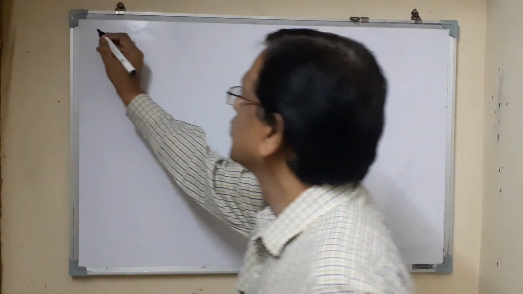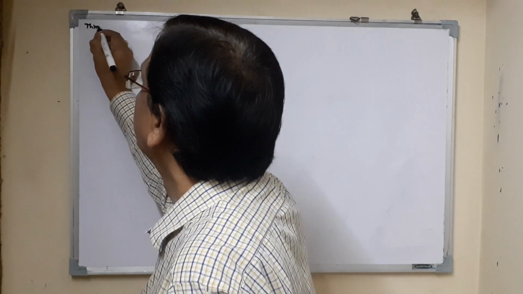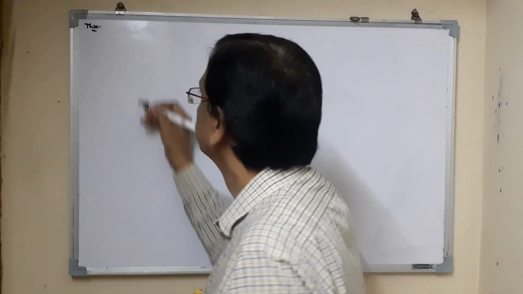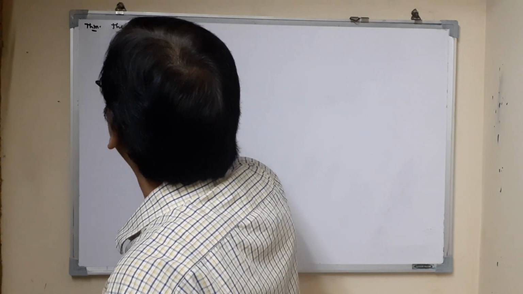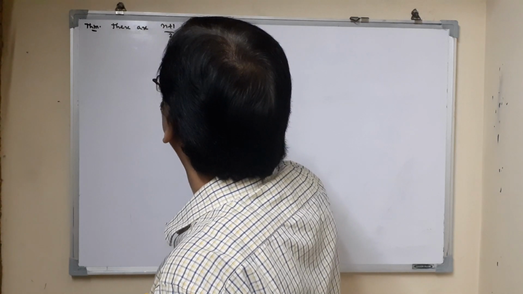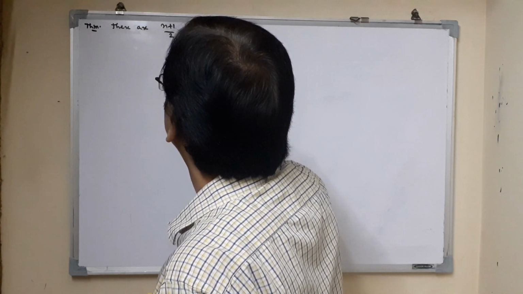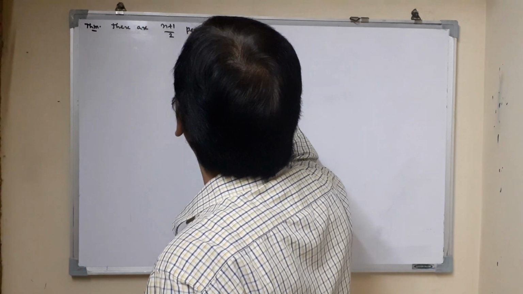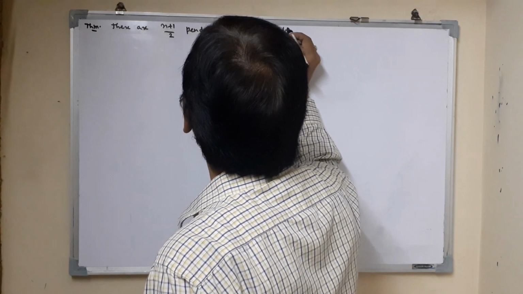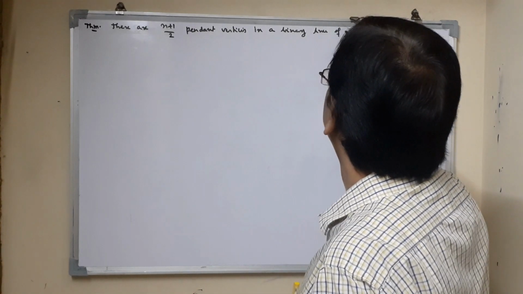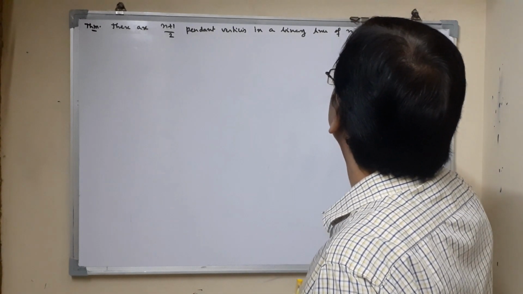So the next theorem is about the number of pendant vertices in a tree. There are (n plus 1) by 2 pendant vertices in a binary tree of n vertices.